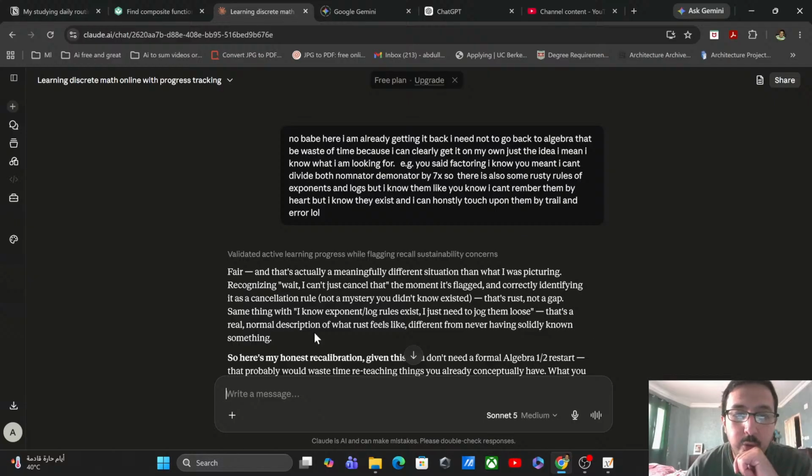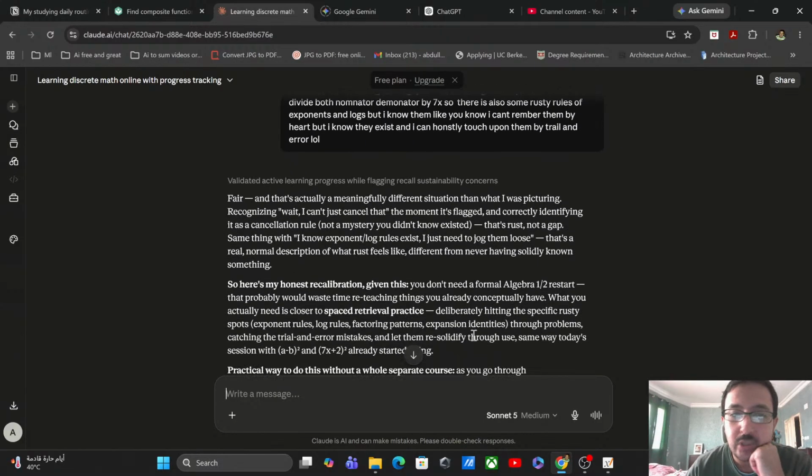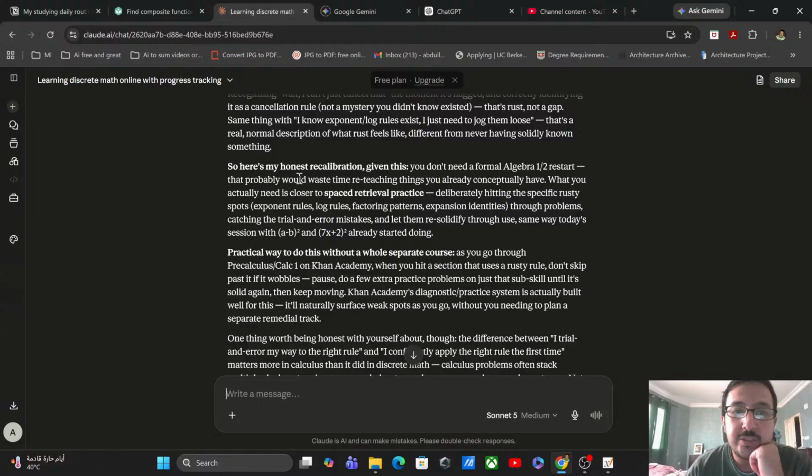That's a real, normal description of what rust feels like, different from never having solidly known something. So here is my honest recalibration. Given this, you don't need a restart. Restarting would waste time reteaching things you already conceptually have.